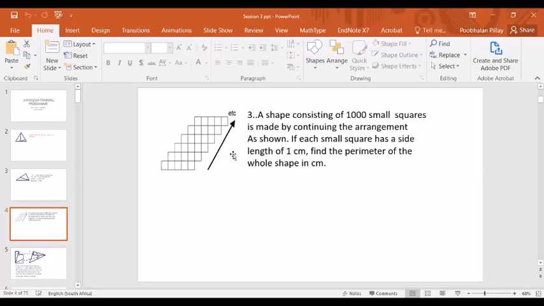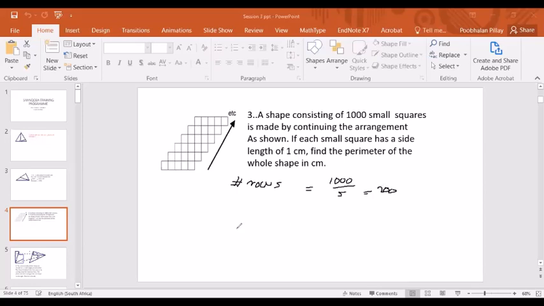As a starting point, even before I read the rest of the questions, let's just get a feel of this problem. You've got 1,000 squares altogether, and each row has got 5 squares. So that allows me straight away to calculate the number of rows. The number of rows is 1,000 divided by 5.